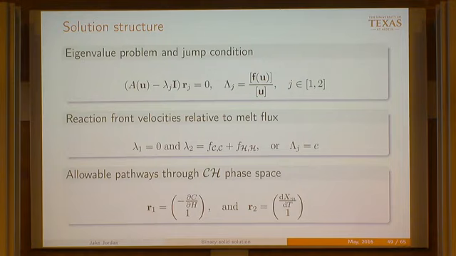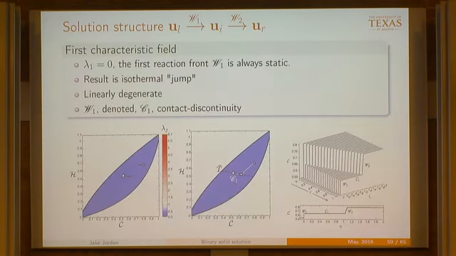And we've got our allowable pathways, our safe pathways through composition and energy phase space. So at this first reaction front, there's an isothermal jump, and it's linearly degenerate, and we reassign it the variable C1 for contact discontinuity, 1 standing for first characteristic field.